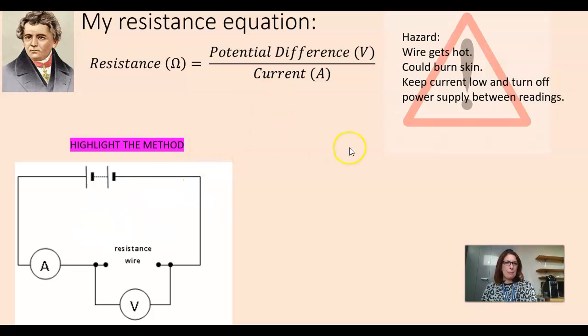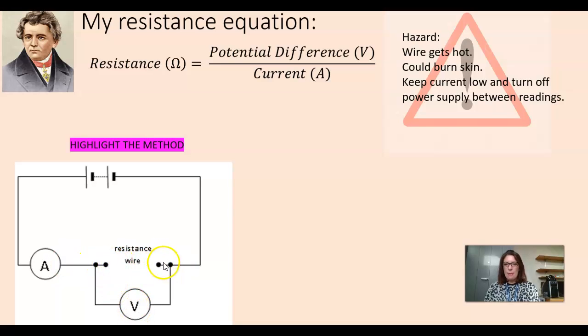There were some hazards as well, that the wires can get hot and burn the skin, so a way to combat that in the practical was keeping the current low and turning off the power supply between the readings. This was basically the method. Power supply measures current and potential difference.